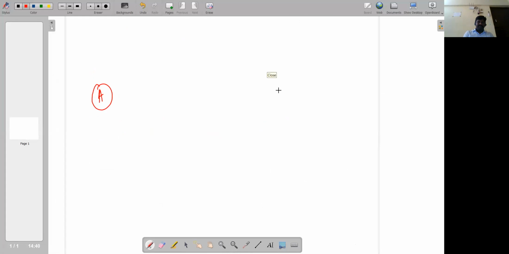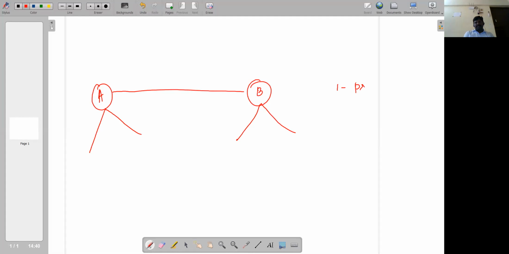I shared it with you. If there are two users, user A and B, who want to exchange a message using public key cryptography, both the users will have a pair of keys. Out of that, one key will be called the private key, and the second key will be called the public key, right?